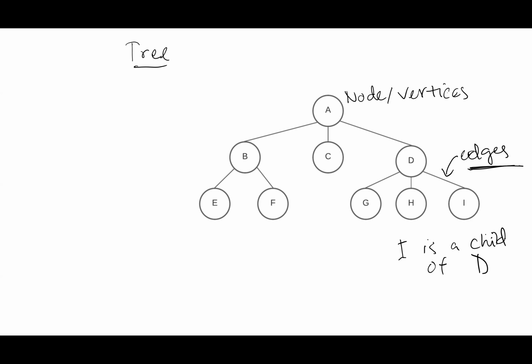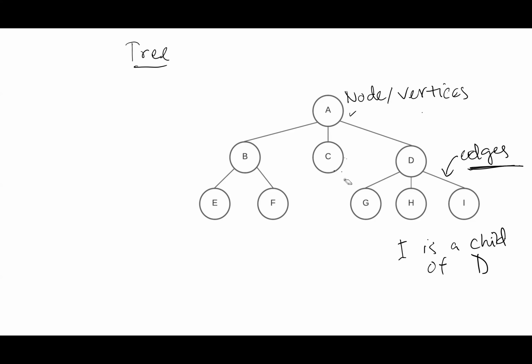Also, in a tree you cannot have something like this, because every edge has to define a relation. Here you see that C is a descendant of A, or D is also a descendant of A. From a tree perspective, D and C are siblings, right? We talked about siblings. So these two are siblings.